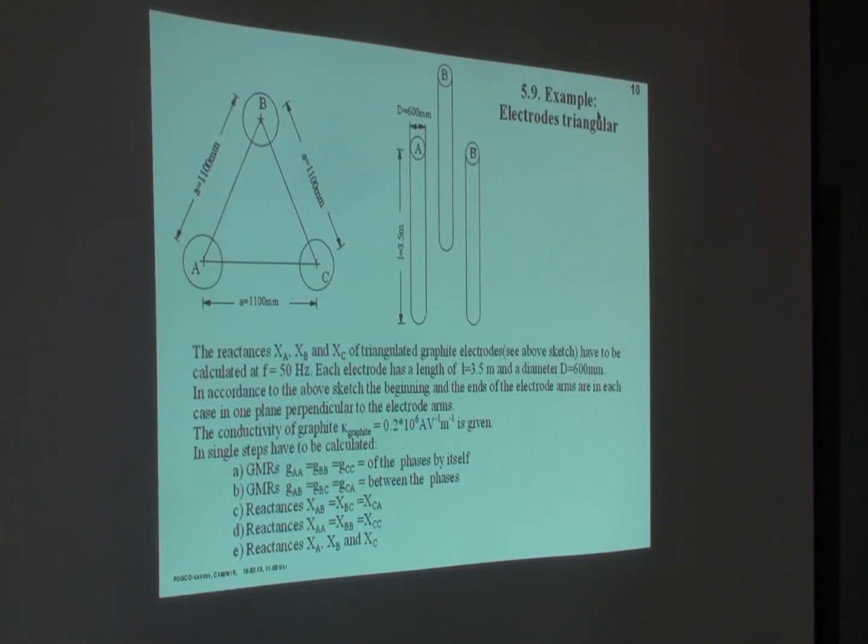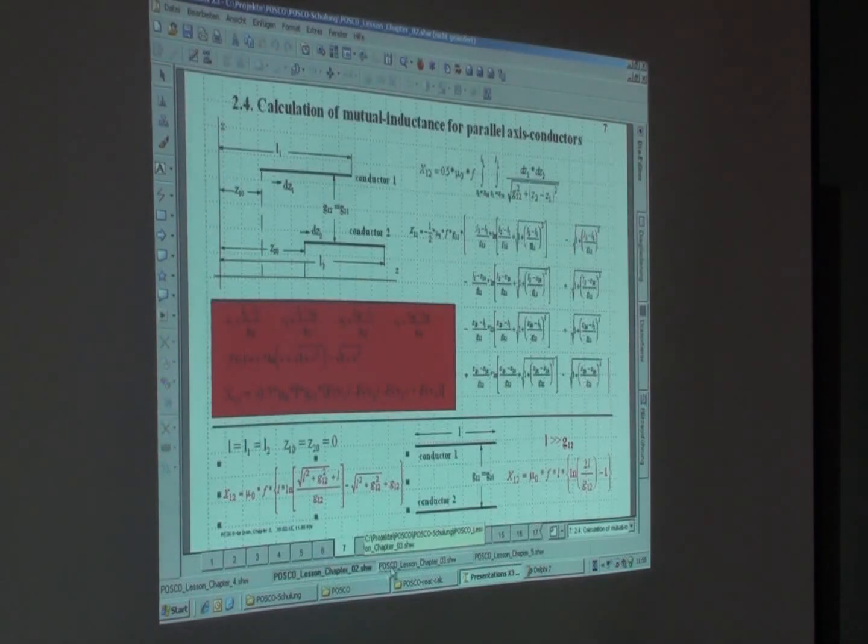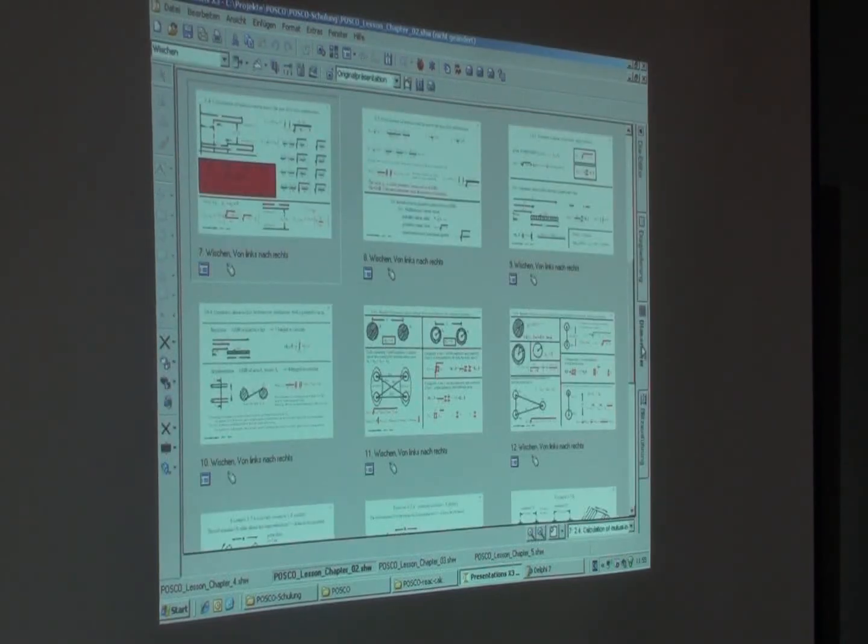And now we have to calculate GAA, GBB, GCC. Which formula do we use? Formulas in chapter 2. Well, this formula we can't use.